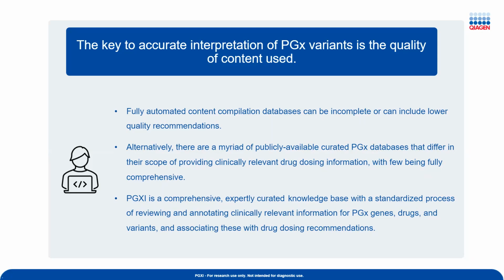Alternatively, there is a myriad of publicly available curated PGX databases, some of which Elias has alluded to already, but they differ in their scope of providing clinically relevant drug dosing information, with few of them being fully comprehensive. On the other hand, PGXI is a comprehensive, expertly curated knowledge base with a standardized process of reviewing and annotating clinically relevant information for PGX genes, drugs, variants, and associating these with the drug dosing recommendation.